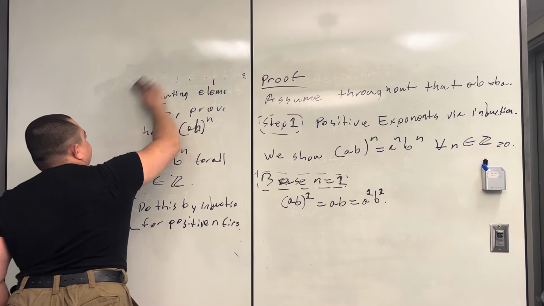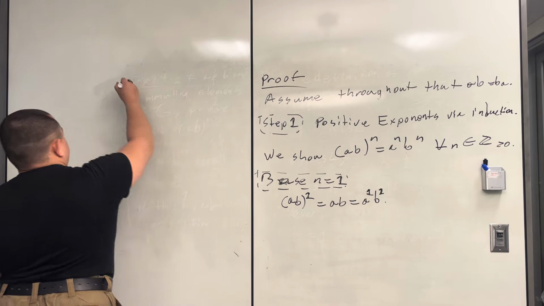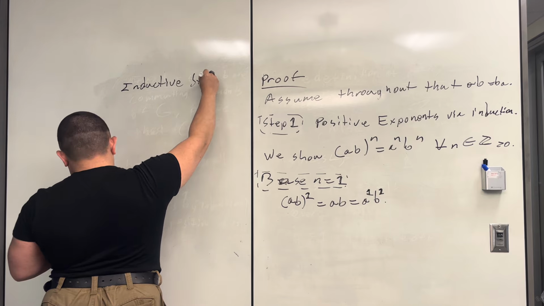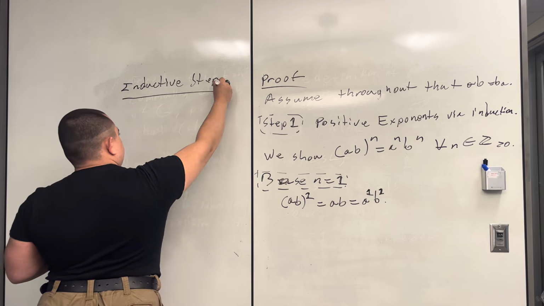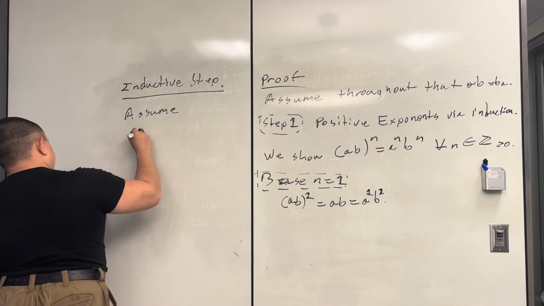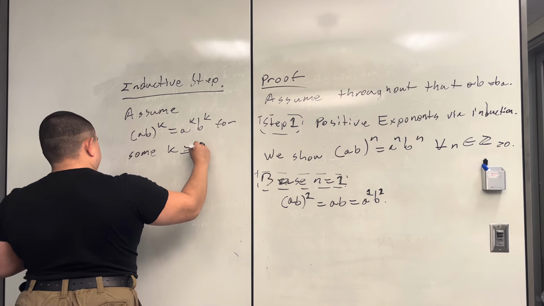So what would the inductive step for this be? Okay, so the inductive step: assume that (AB) to the k is equal to A to the k times B to the k for some k greater than or equal to 1.